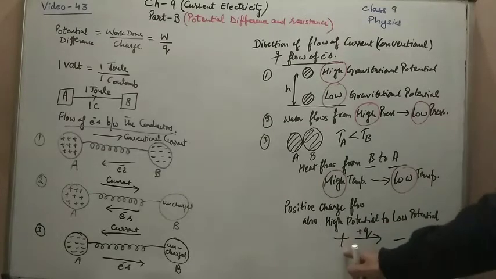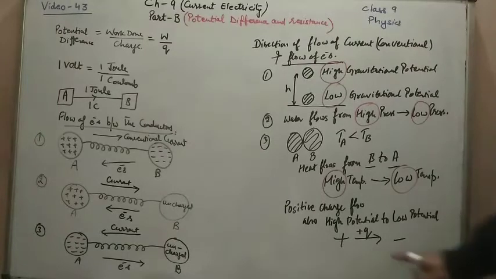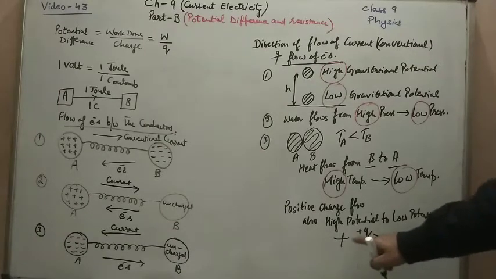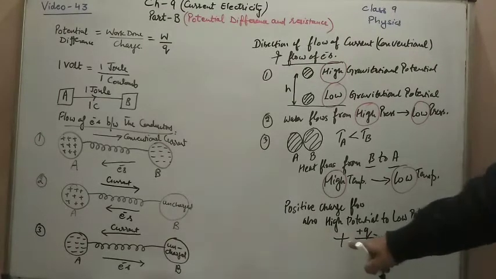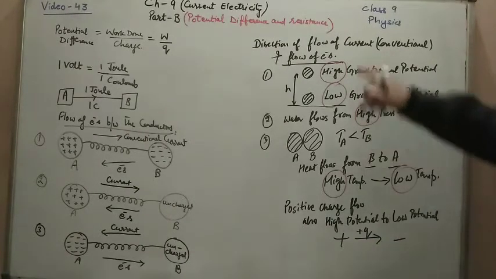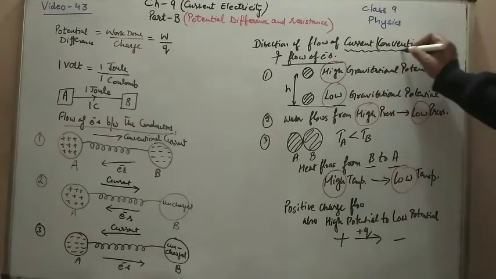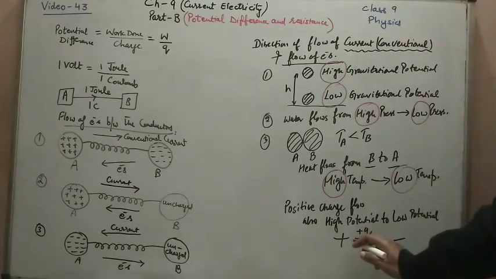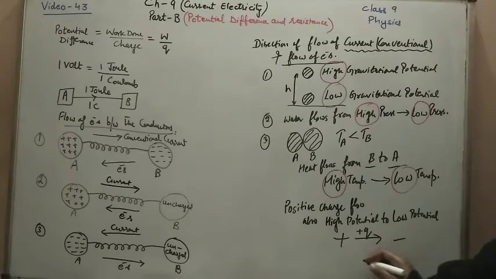Now if a positively charged body is connected to a negatively charged body, this plus Q charge will be repelled by this positive charge and attracted towards the negative charge. So the direction of the conventional flow of current will also be from positive to negative, and electrons will flow in the opposite direction. Why?